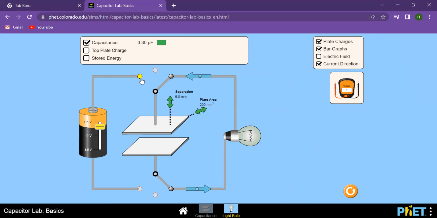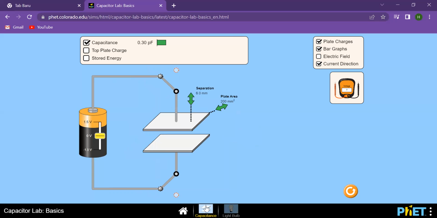So that's the difference between a capacitor and a battery. For a battery, the light bulb may last around 2, 3, or 4 hours, depending on the battery. Okay, now let's continue with the capacitance of a capacitor.